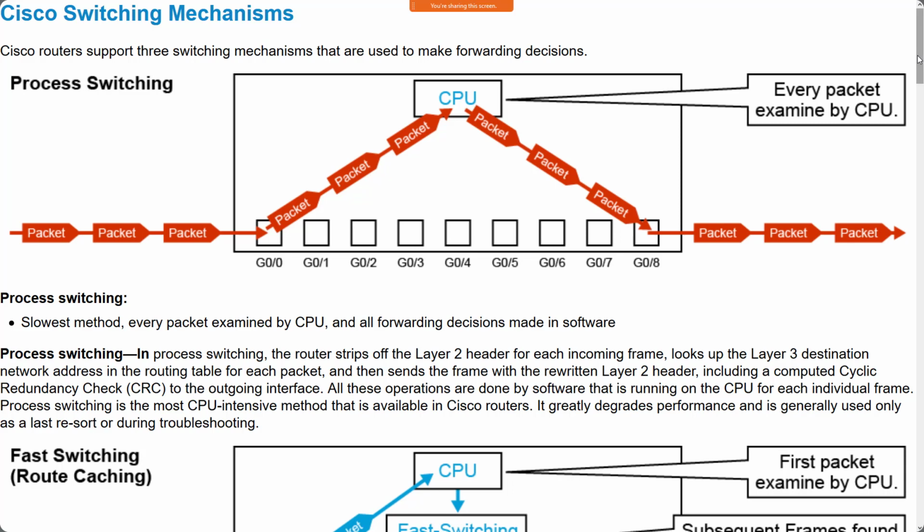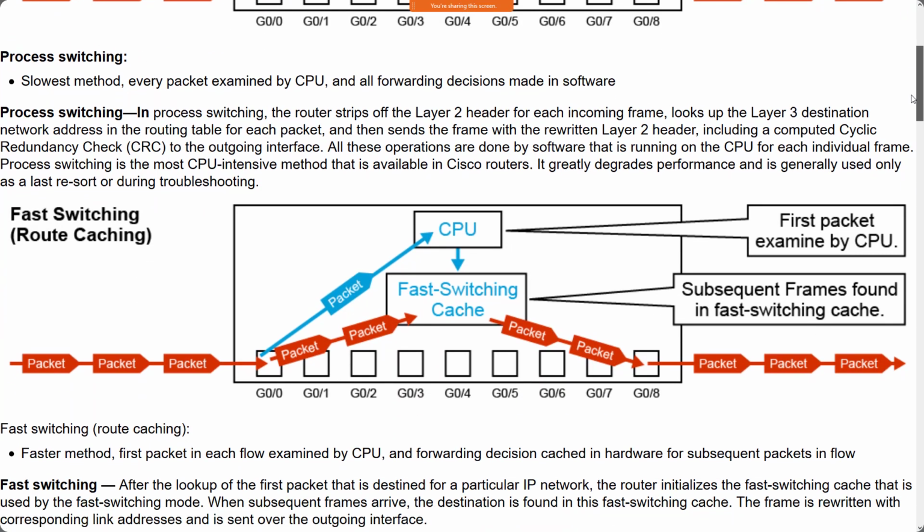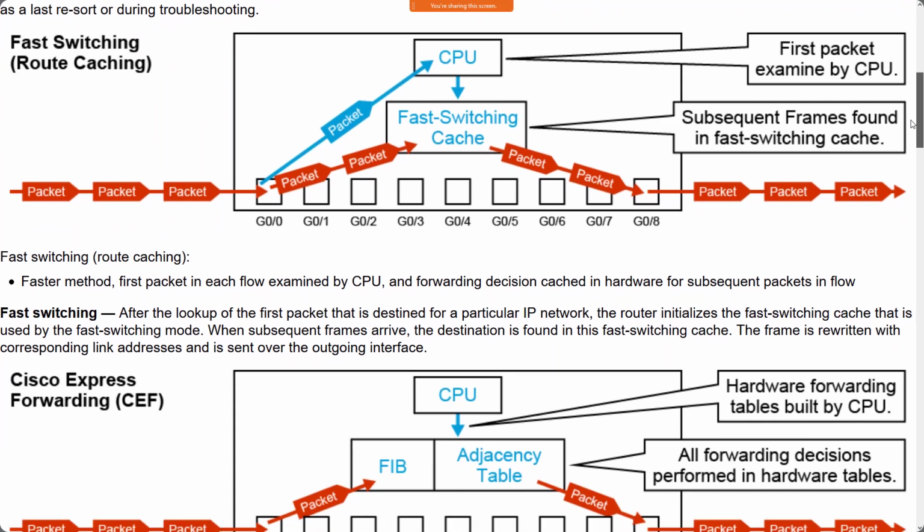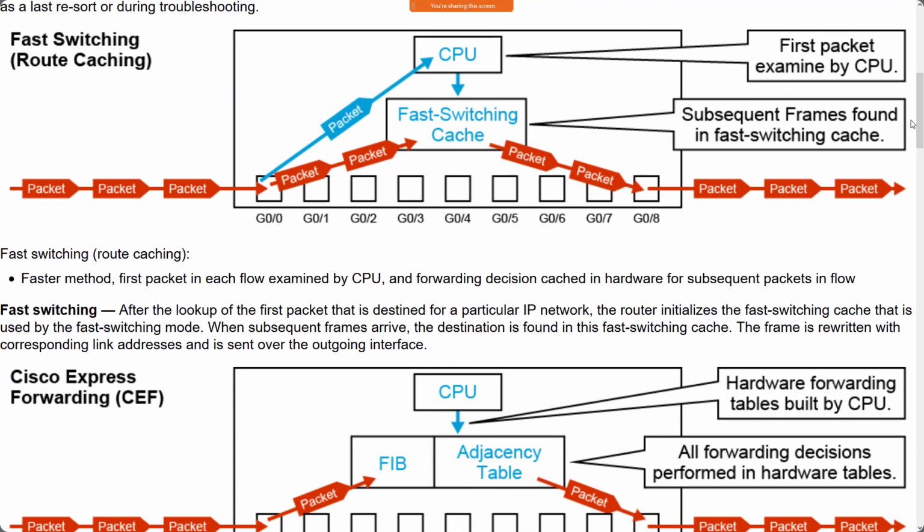The next best thing would be to do fast switching. And fast switching is essentially a process in which we cache information. So the first packet, or the first PDU that's part of the data flow, gets process switched.